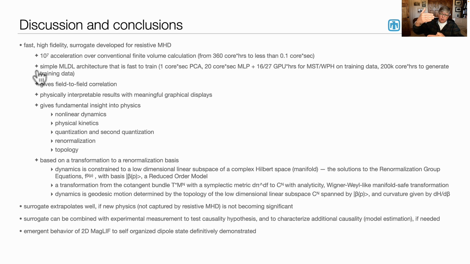We can now get new points that extrapolate away from where we have gone and tested before. We can predict with the resistive MHD what the answers should be. Now, if things get better, we are extrapolating away from the poles of the physics, and everything is good, and we have captured all of the causality.